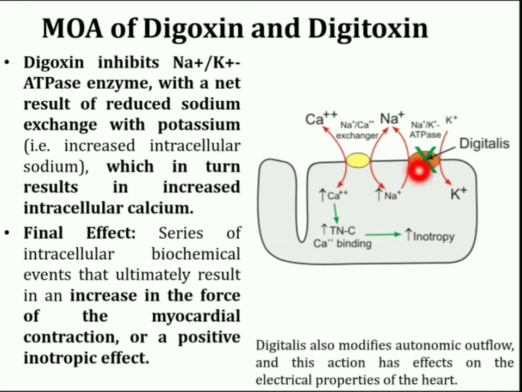The sodium-potassium exchange requires energy and is catalyzed by the enzyme sodium-potassium ATPase. The sodium-potassium ATPase pump maintains the gradient of a high concentration of sodium extracellularly and a high level of potassium intracellularly.